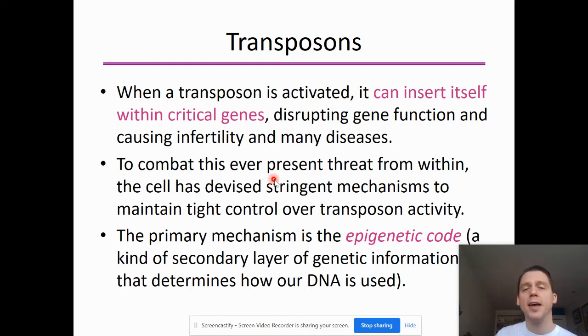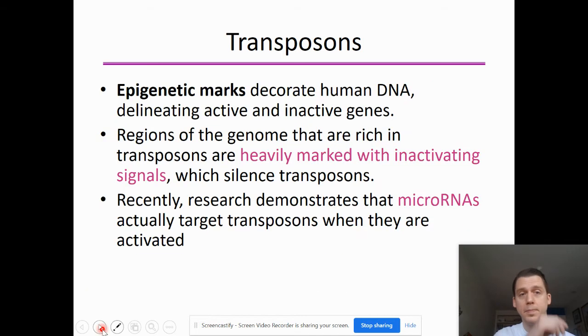To combat this ever-present threat from within, the cell has devised stringent mechanisms to maintain tight control over transposon activities, largely through epigenetics. Epigenetics, remember, like methylating areas of the genome can turn a gene off. So we can, for example, methylate areas that the cell believes might be a transposon to turn that section of DNA off.